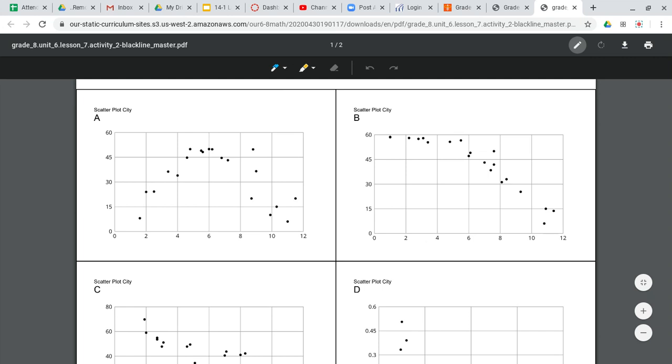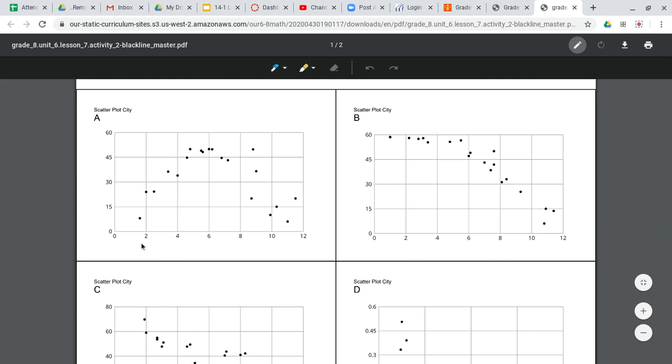What we're going to look at is number 3. Sort the cards into 2 categories, positive associations and negative associations, and then compare with your partner to discuss any disagreements. So we're going to look for the positive associations as well as negative associations, and then neither. Some of these may be a neither.